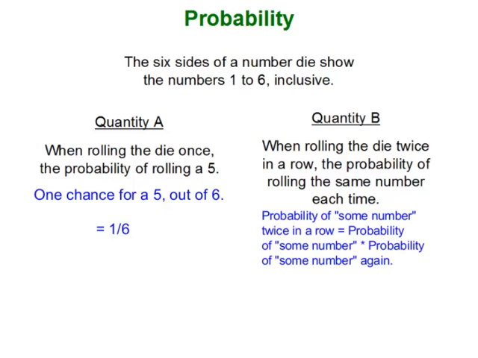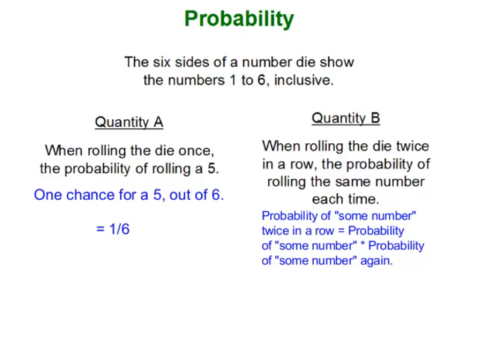I find it's beneficial on probability questions to put it into words, even as you set up the math. Before you plug numbers into your mathematical equation, think about what that equation is with words in it. So what we're really going to do is find the probability of getting some number twice in a row. And mathematically, that's the probability of some number times the probability of some number again.